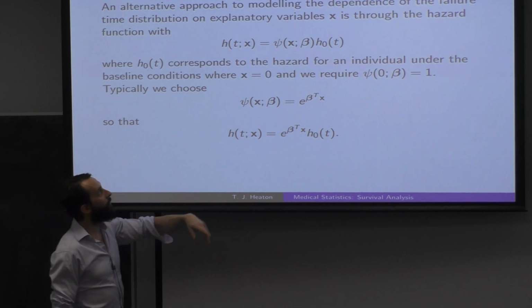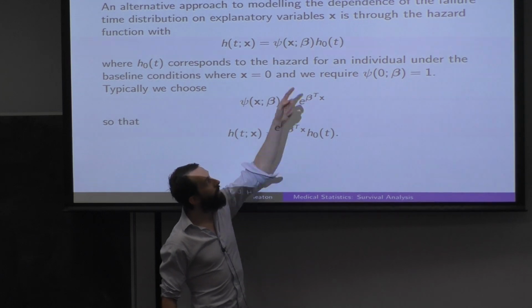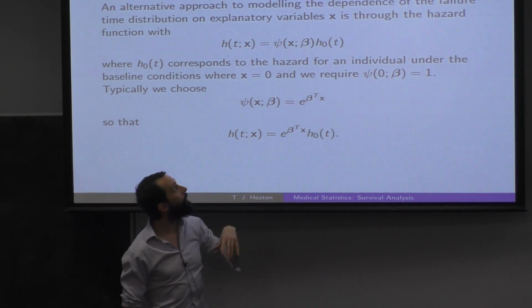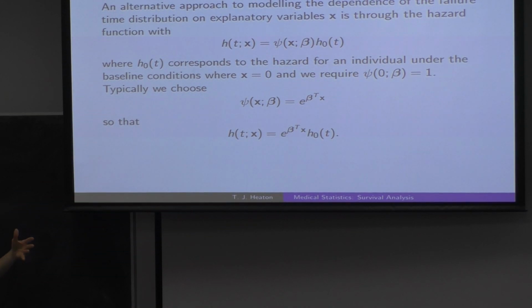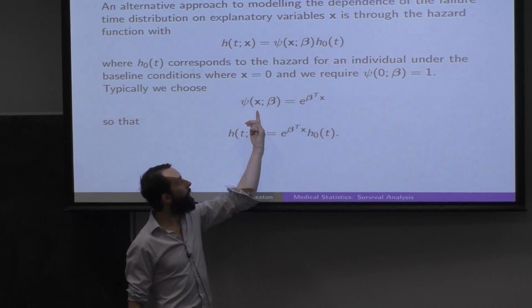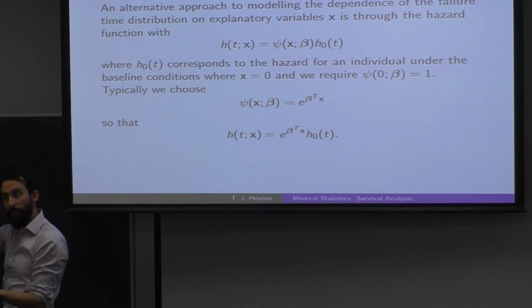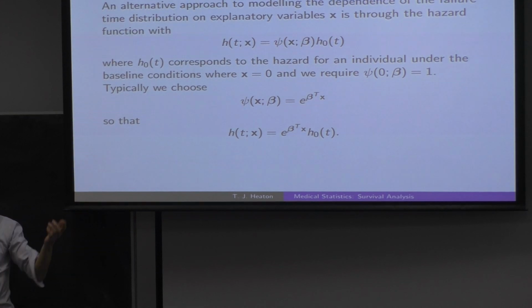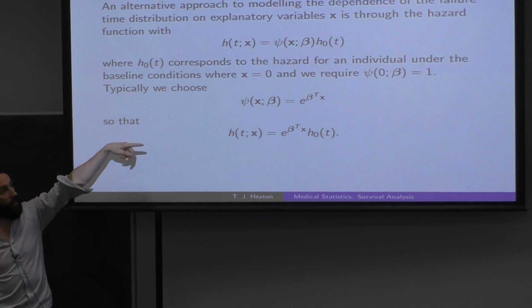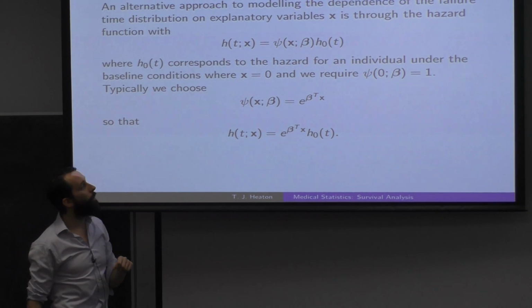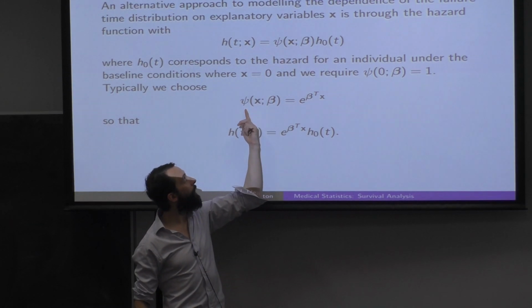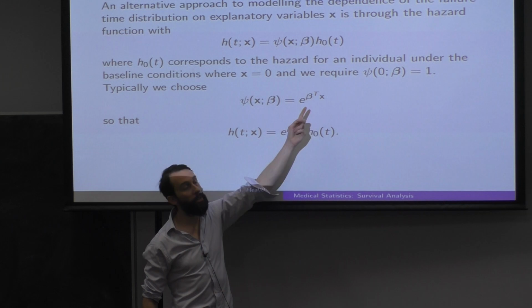We obviously need this multiplier to be equal to 1 if x is equal to 0, and we need it to always be positive. So the multiplier that increases or decreases somebody's hazard relative to the baseline individual, psi of x, we're going to choose to be e to the beta transpose x.